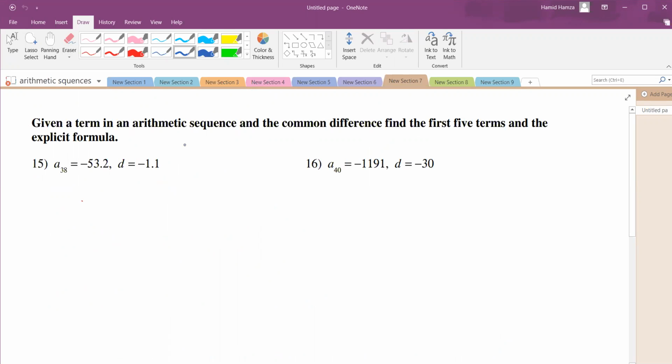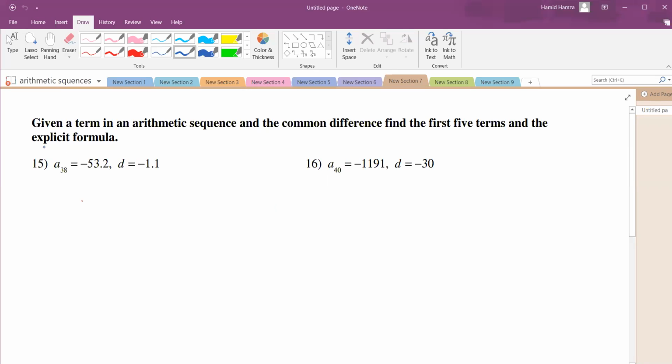Given a term in an arithmetic sequence and the common difference, find the first 5 terms and the explicit formula. So we have A38, we have D, and we want to write the first 5 terms of the sequence, and the general formula or explicit formula.